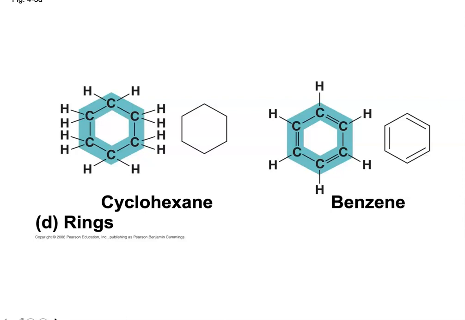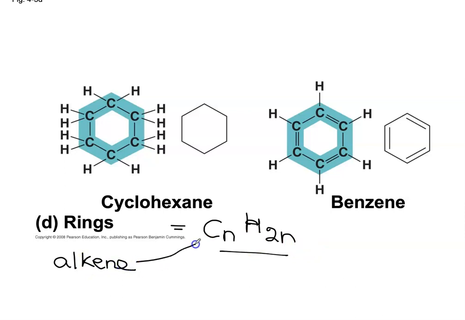The next one that is going to come up a lot in this class when we look at glucose, when we do cellular respiration and photosynthesis, is cyclohexene, cyclo molecules. These guys have the same configuration, same generic formula as alkanes. So alkane is CnH2n plus 2, and alkene is CnH2n.